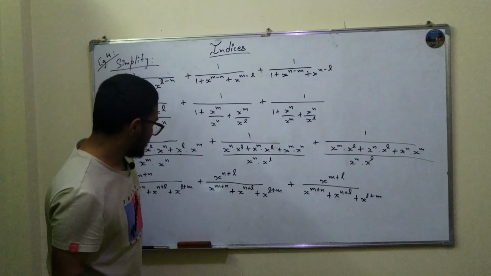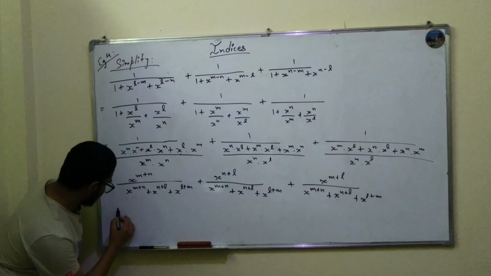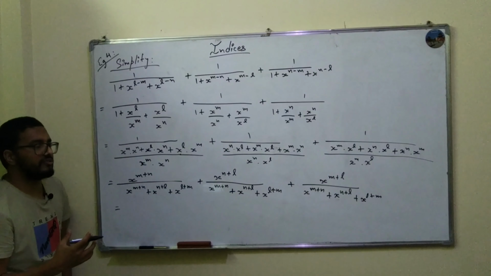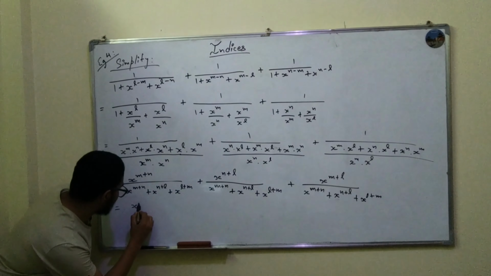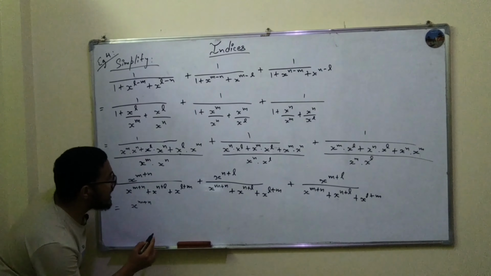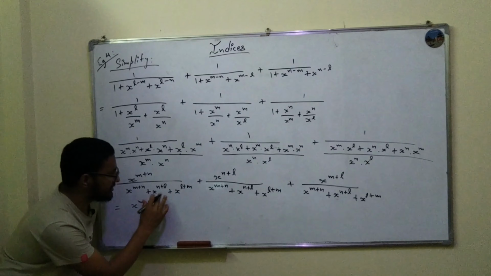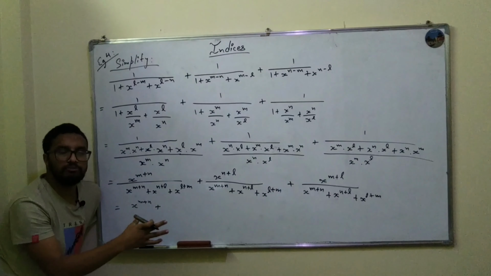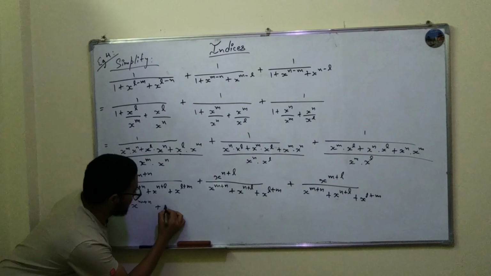So now what I can do is basically, let's take the LCM first of all. So x^(m+n) plus, since the denominator is the same, we can just add it together, right?